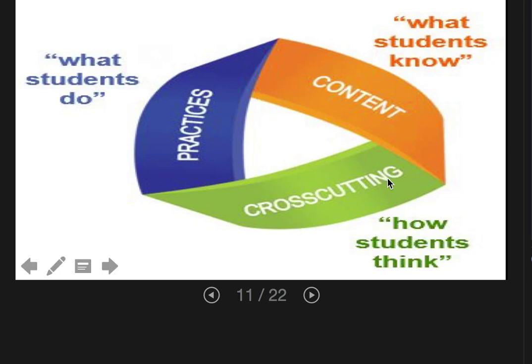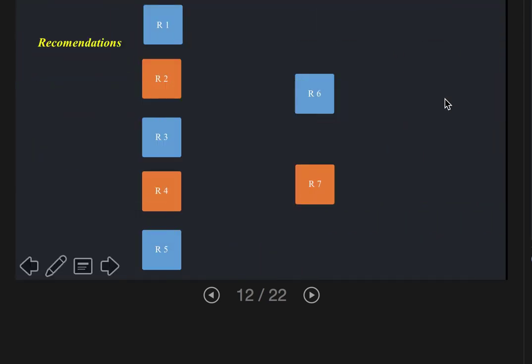If we don't know what students do, or what they know or what they think, we cannot be helpful, we cannot give them recommendations, we cannot help them. We are professionals, we have to be able to know what they do, what they know, and what they think, so we can help them.